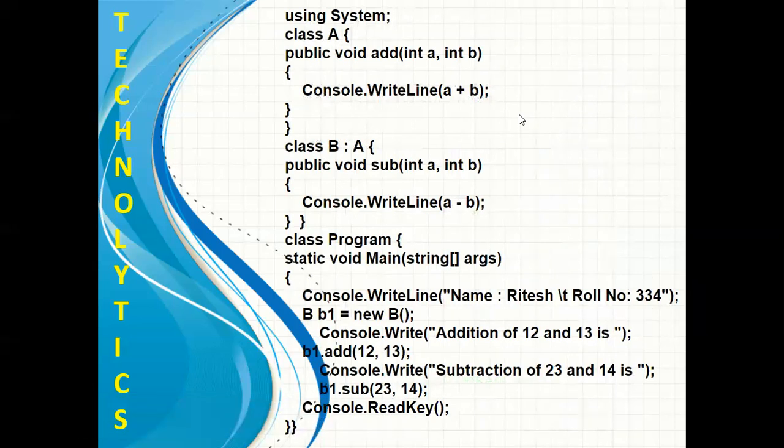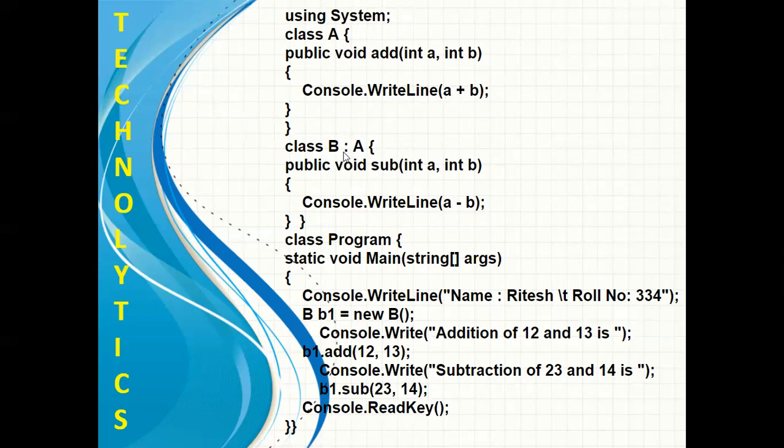Here we have created one class A, and inside class A we have defined one method add. In this method add, we are passing two parameters A and B, and we are trying to find the sum of these two parameters. Next, we have defined class B. If you observe, we have used the colon operator.